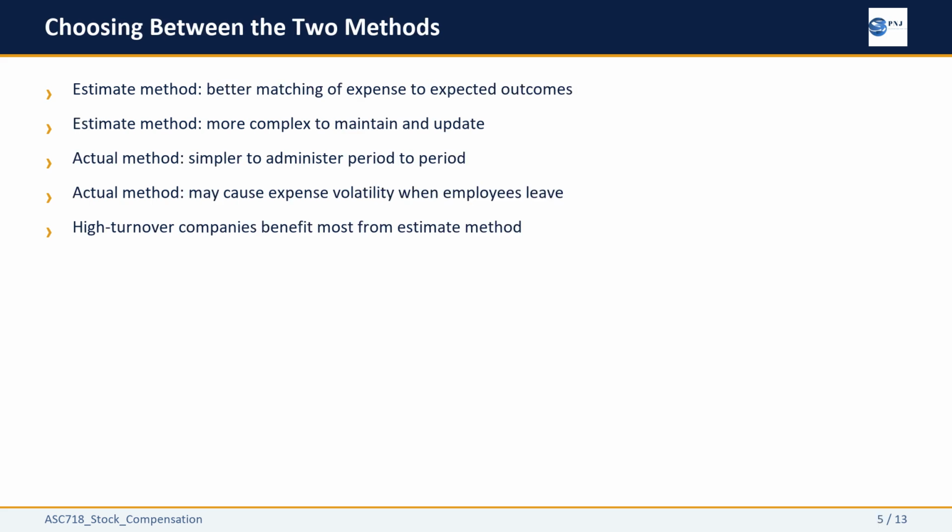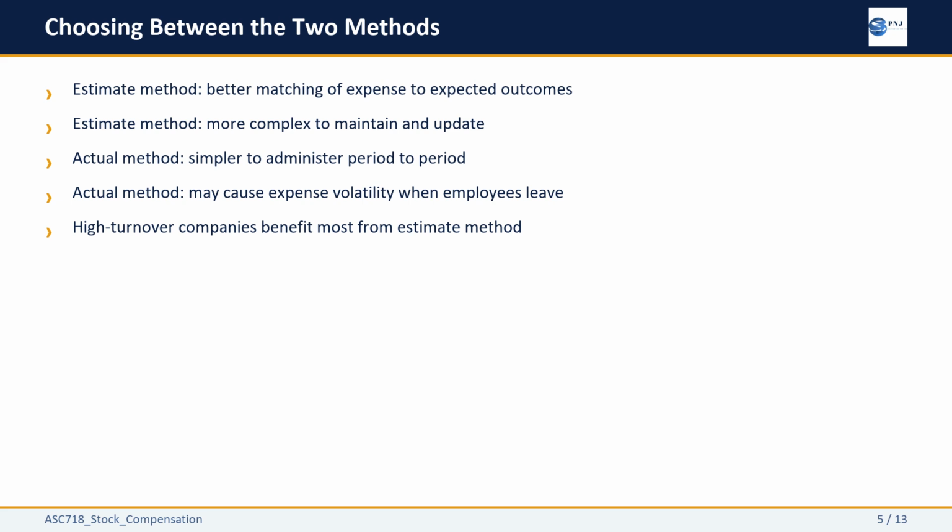Each method has practical trade-offs. The estimate method provides better matching. Expense reflects only the awards that are expected to vest, which is conceptually more accurate. However, it requires companies to maintain and update forfeiture rate assumptions every period, which adds complexity. The actual method is simpler to administer because no estimates are required.